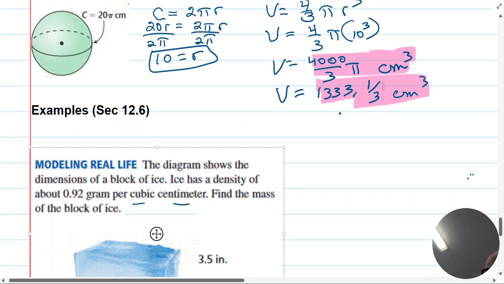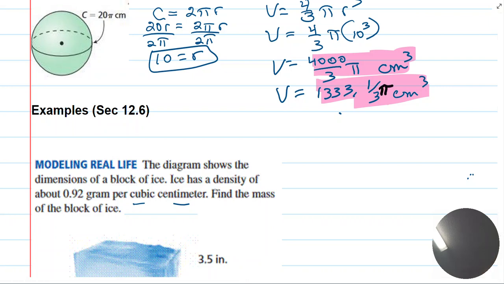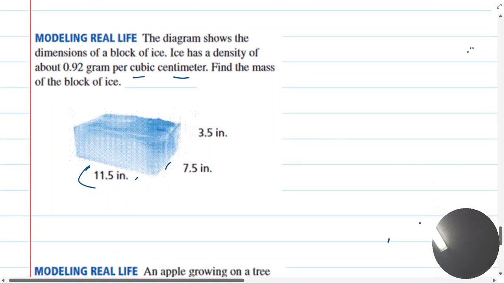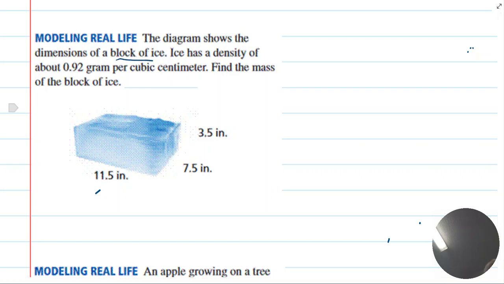Alrighty then. Now we're at our modeling. And you read for content when you're doing anything and figure out what has to happen. This diagram shows the dimensions of a block of ice. Ice has a density of 9,200 grams per centimeters cubed.